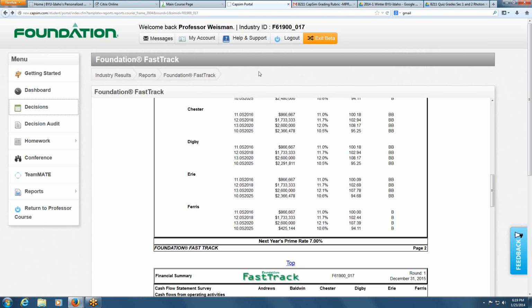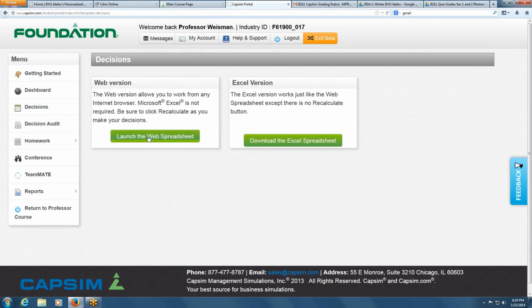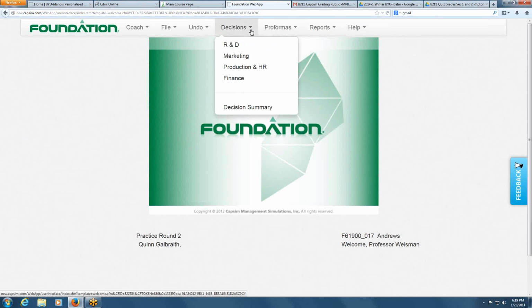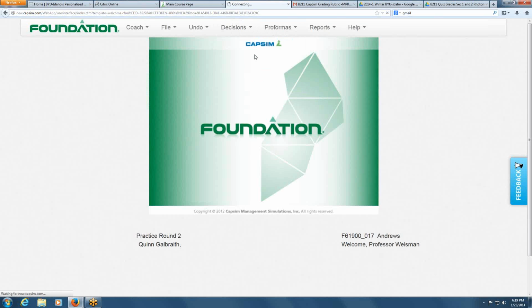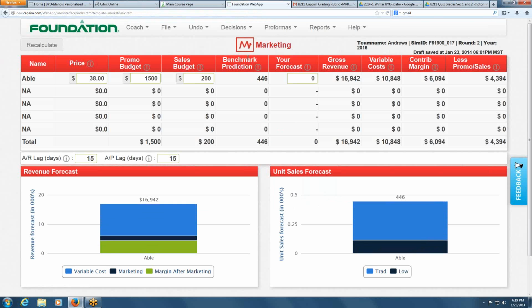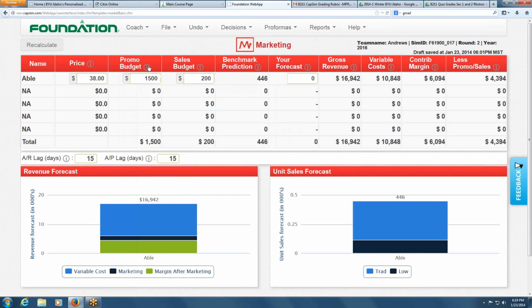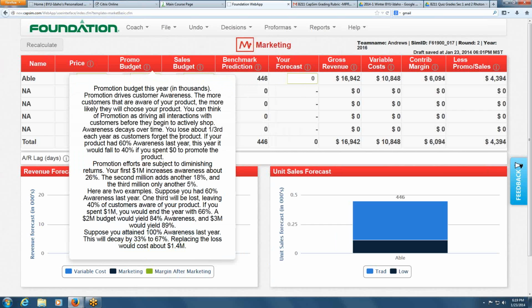Okay. If we go to our decisions, I'll open up the spreadsheet. My question was also, when talking about accessibility, that has to do with your sales budget. Is that right? Accessibility does have to do with your sales budget, and your promo budget has to do with your awareness.